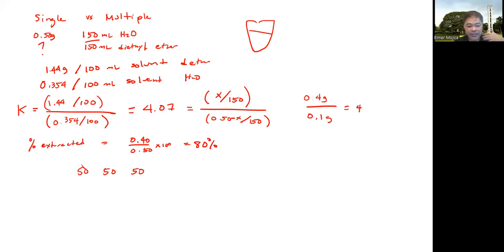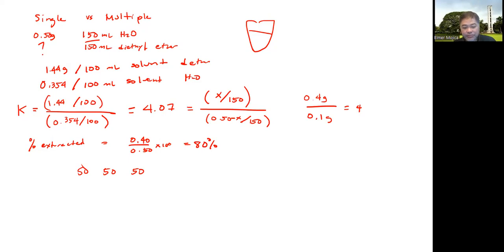The difference here is that in the first extraction, your organic layer reached equilibrium with the aqueous layer, so it can do only little if you return it and expose it to the aqueous layer. However, if you have fresh diethyl ether, it has the potential to extract more compound. Then you just repeat it.